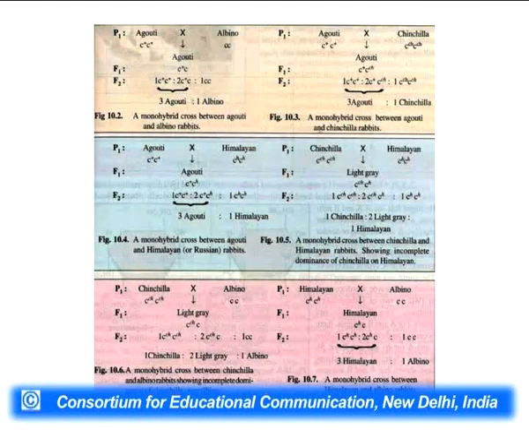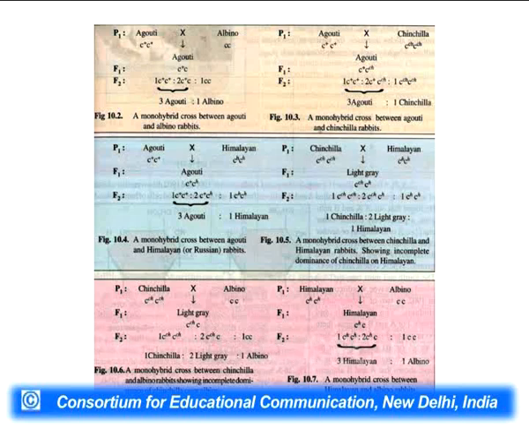So, different types of crosses in the multiple allelic forms would give us different combinations. What we wish to talk about in these crosses is that the 3:1 ratio may not be achieved in all the cases.